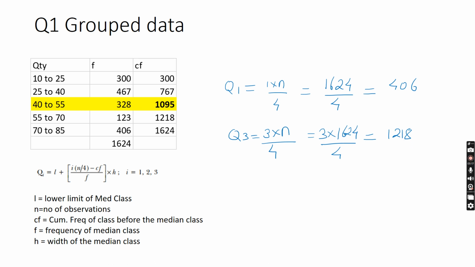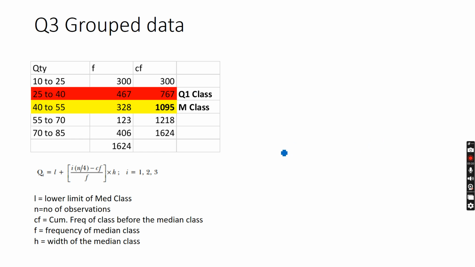Now, coming to the calculation. I have already highlighted the Q1 class. If you remember, the Q1 position calculated was 406. Now I have the frequencies mentioned here, but I cannot locate where the 406th position is. So I take the cumulative frequency: 300, 300 plus 467 is 767, 767 plus 328 is 1095, and so on and so forth.